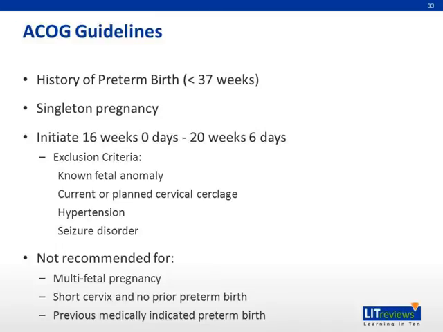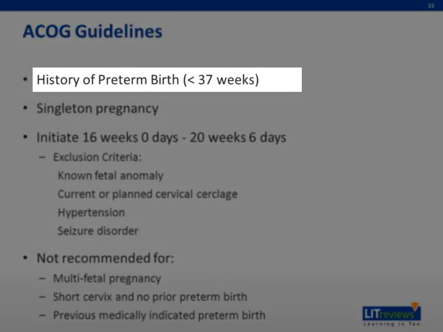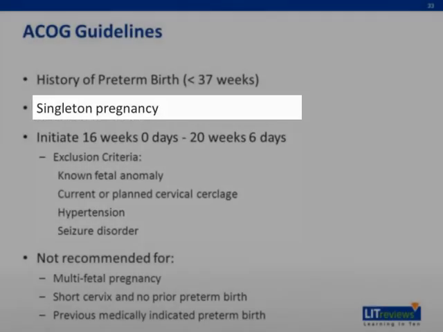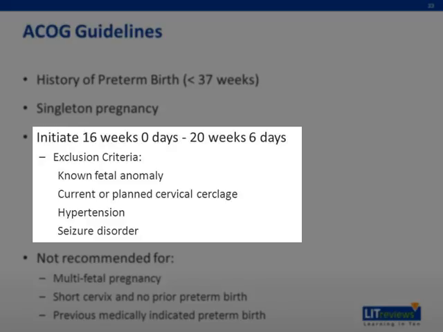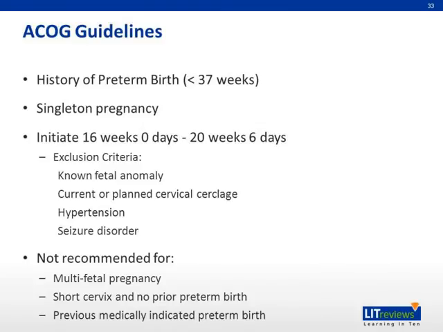According to ACOG guidelines, Proluton usage is recommended for patients with history of a spontaneous preterm birth less than 37 weeks with current singleton pregnancy. Proluton is to be initiated between 16 weeks 0 days and 20 weeks 6 days of pregnancy.